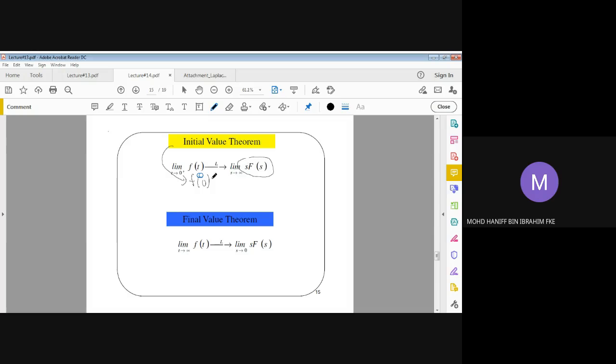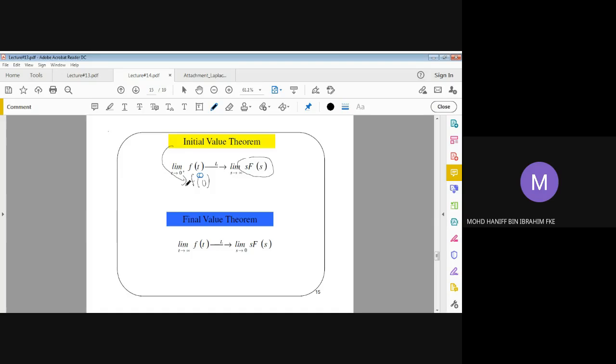So I repeat again: by using this initial value theorem, we can find the value of f(0), which is the value of f(t) in time domain when t equals 0, by simply evaluating the limit of s approaching infinity of s multiplied with F(s).